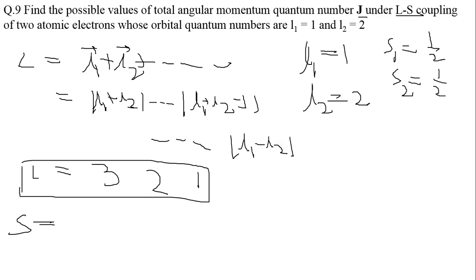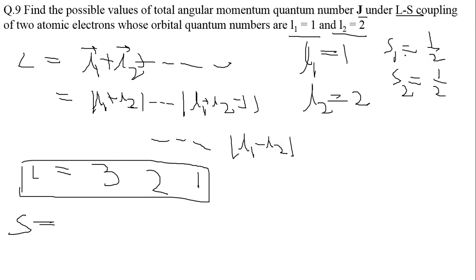Here we are not considering the Pauli exclusion principle, so any combination we take in the upcoming solution of L and S will satisfy Pauli's exclusion principle, as the orbital quantum number L is different for the two electrons. Both the values are different.